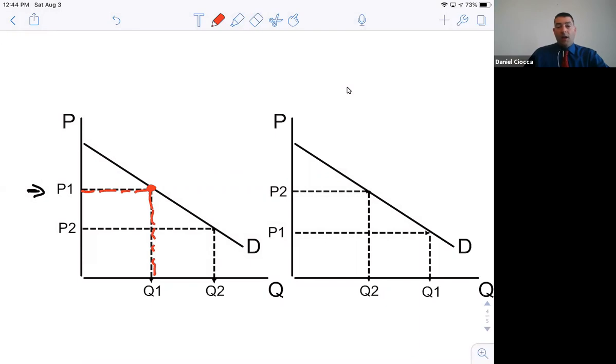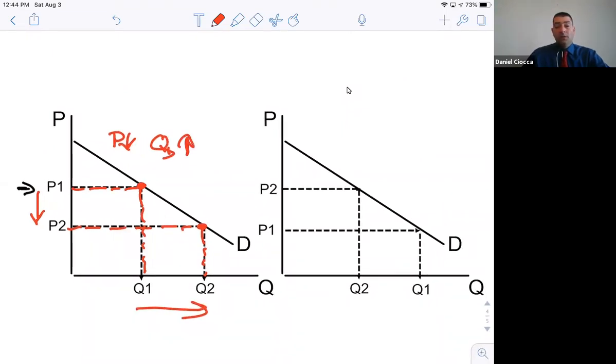If I want to find how much customers are willing and able to buy when price goes down, I put P2 below it, and I can find the corresponding quantity on my demand curve straight down. Notice, when price goes down, the quantity that customers are willing and able to buy increased.